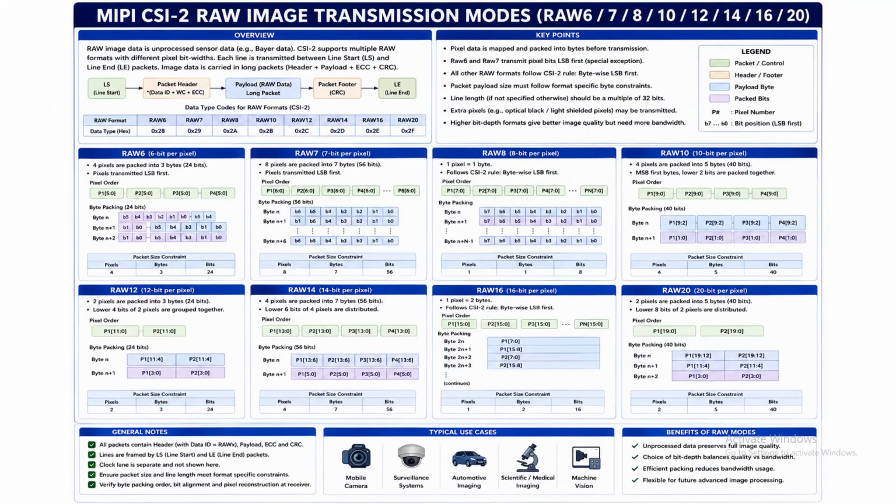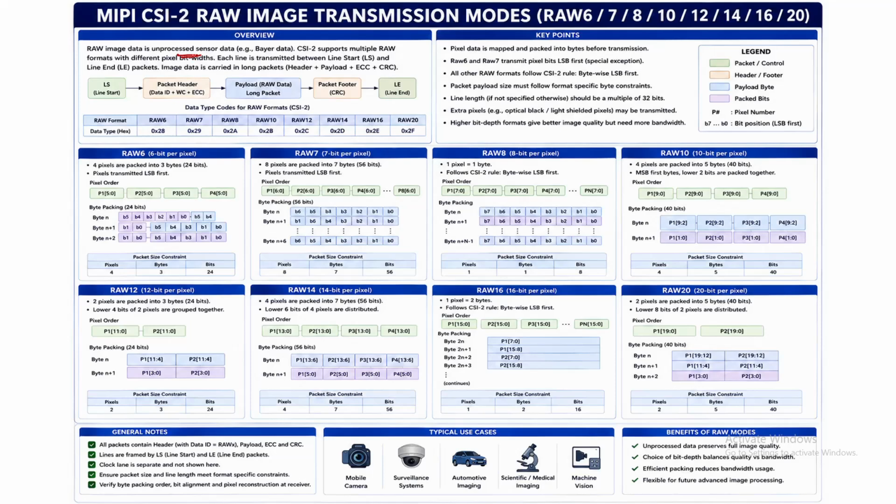And then raw image transmission. This is also not a big deal here, because the raw image also has some fixed formats. This raw image means what? Unprocessed sensor data we are transmitting. That means whatever image you are taking, there is no processing. The camera sensors are capturing the image.